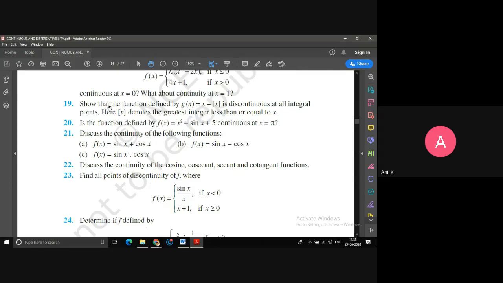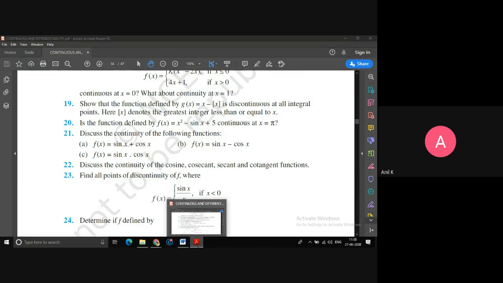Next one, 19th question. Show that the function defined by g of x equals x minus the greatest integer function of x is discontinuous at all integral points. Here the bracket x denotes the greatest integer less than or equal to x. See here, g of x is x minus step of x.